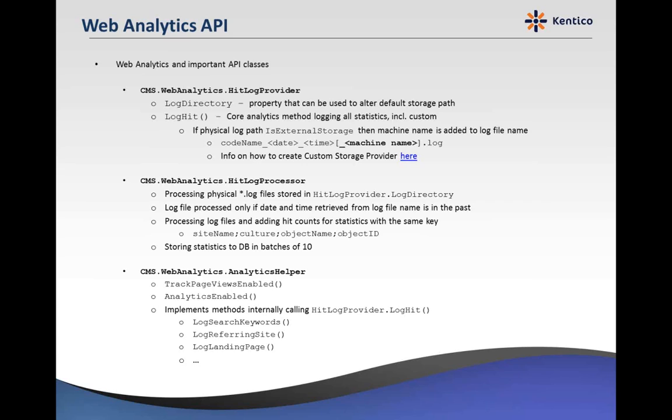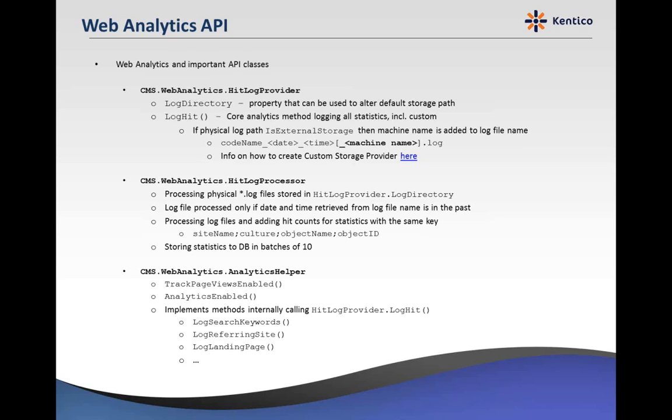Okay, so that's that. And the last Web Analytics API class I would like to point out is Analytics Helper. This one you don't use for logging of custom statistics, but it provides more methods that allow you to check whether analytics is enabled, whether the tracking of a specific event is enabled, and so on, right?